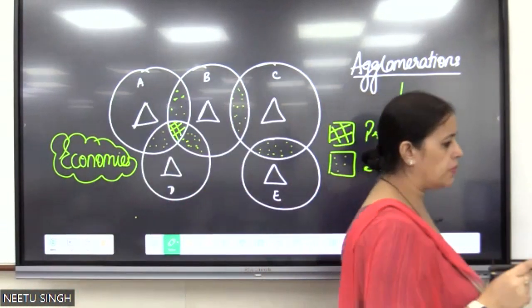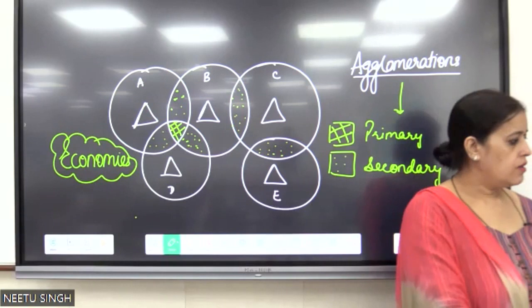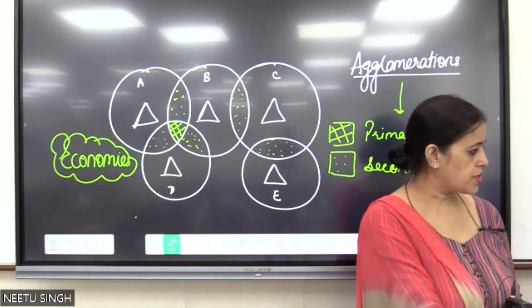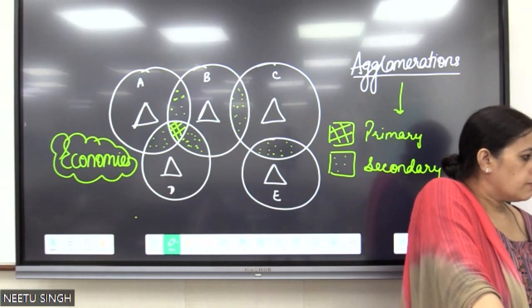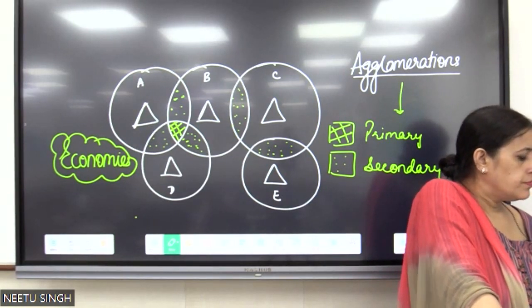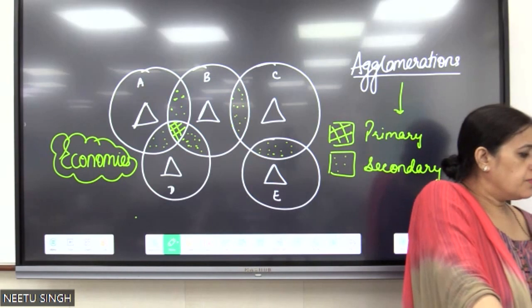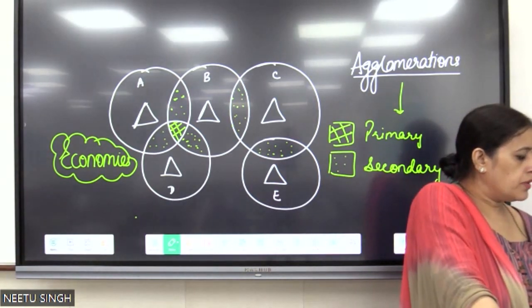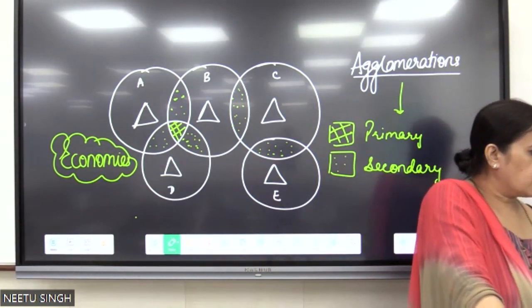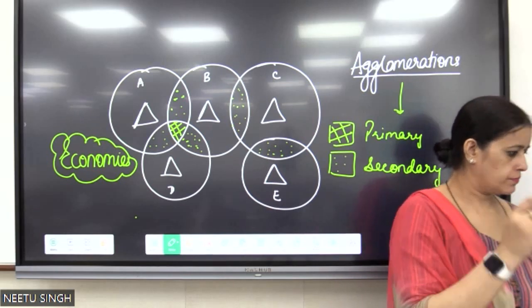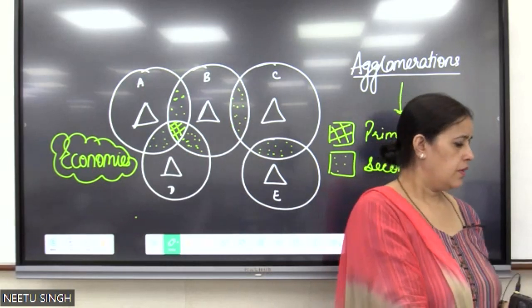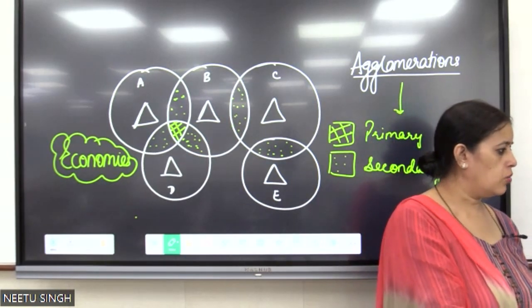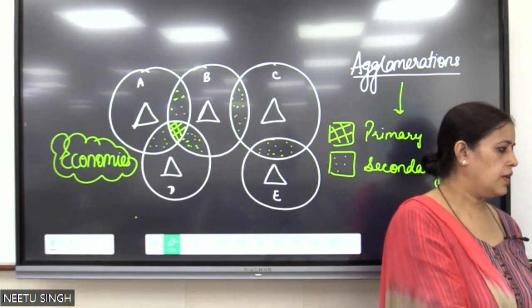Weber distinguished, write them separately as two sub-bullet points. Primary agglomeration. Yes, Namiksha, you're right. Primary agglomeration, underline it.